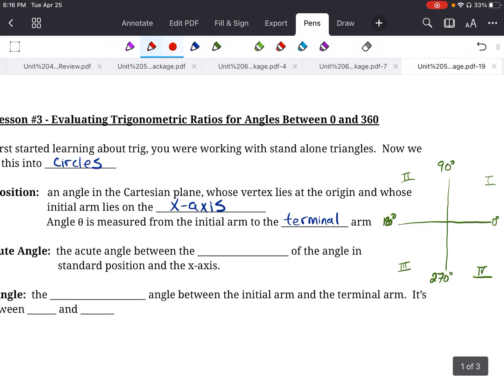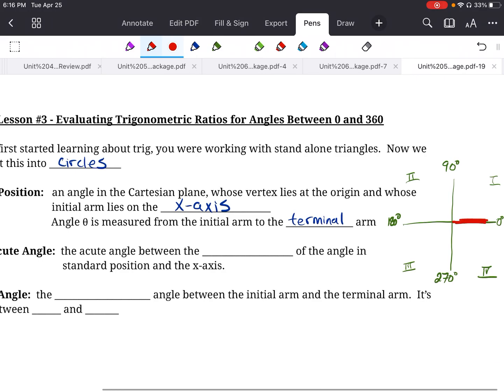So we have the initial arm, and we will have the terminal arm.